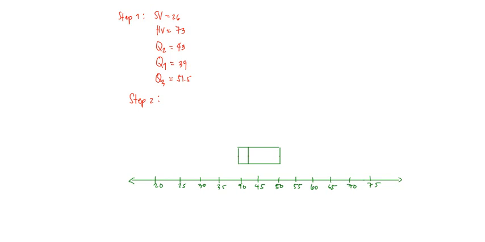Yung whisker natin is the distance from your smallest value to quartile 1, and then the distance from your highest value to quartile 3. So, basically, you would determine also kung saan yung ating smallest value. So, yung smallest value is kinda right here, a little bit further away from your value, which is 25. Tapos, you also determine yung pinaka-highest value, which is 73.